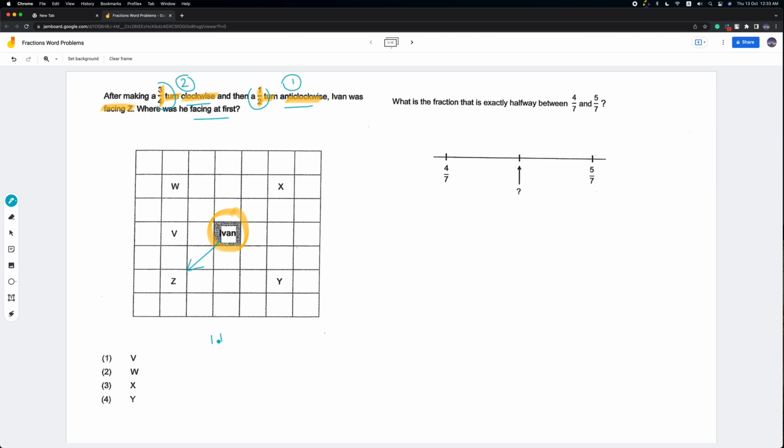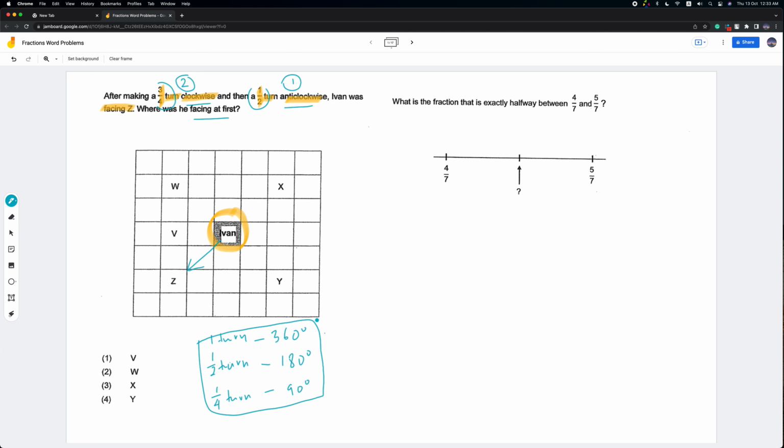One full turn is 360 degrees. Half a turn would be half of that, which is 180 degrees. You also need to know that a 1/4 turn is 90 degrees.